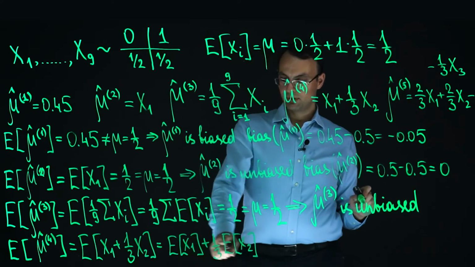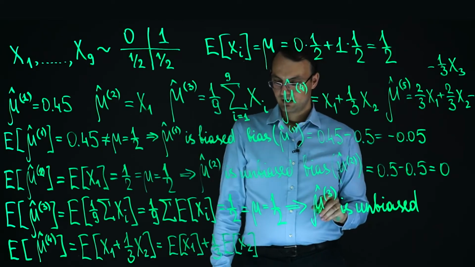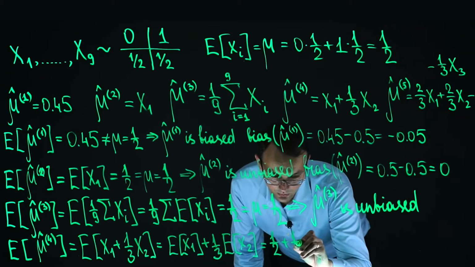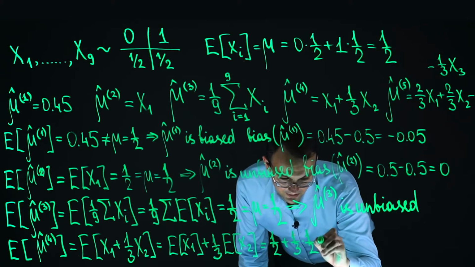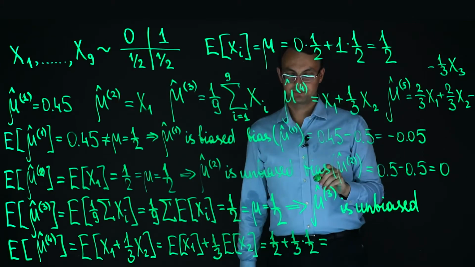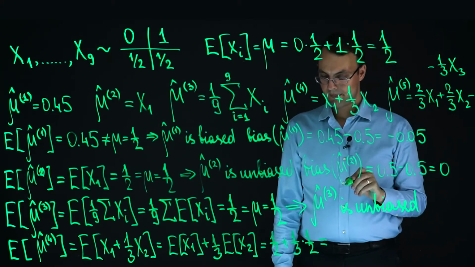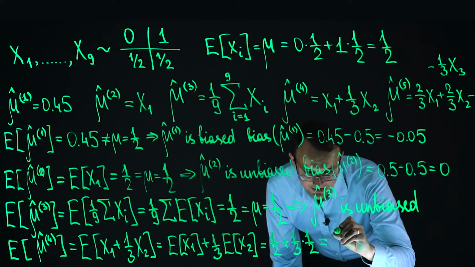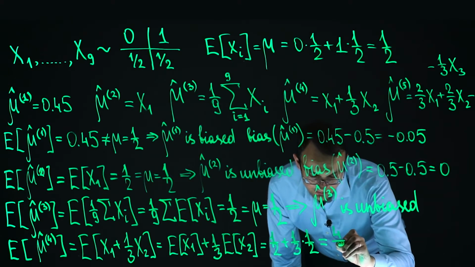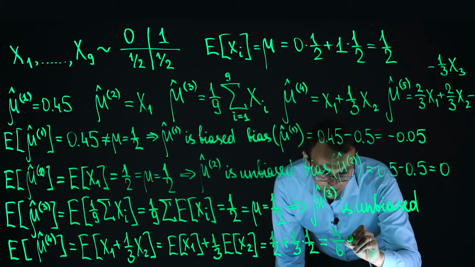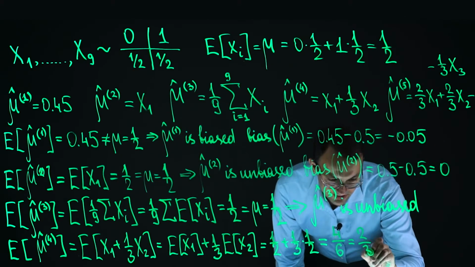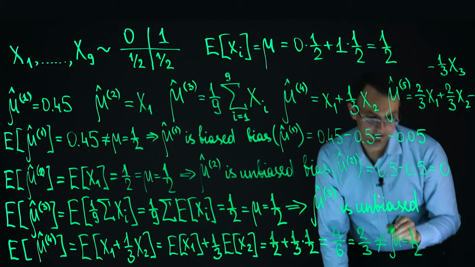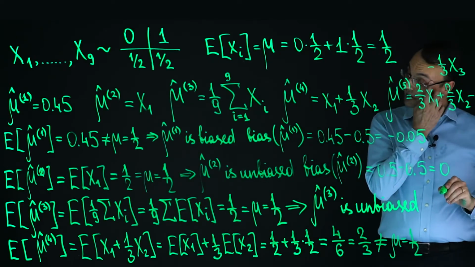They are both 1/2. So 1/2 plus 1/3 times 1/2, that is 1/6. So this is 4/6, or 2/3, that is not equal to mu. So that means that mu hat 4 is biased.